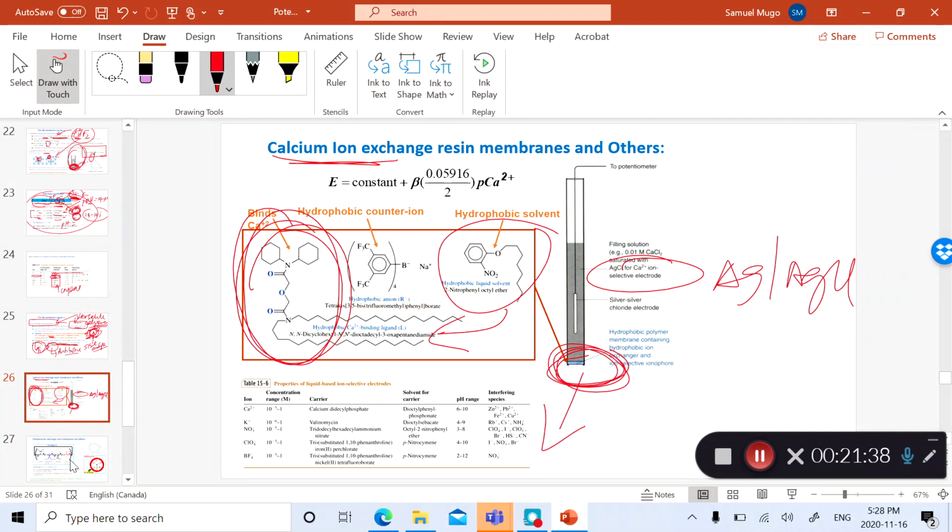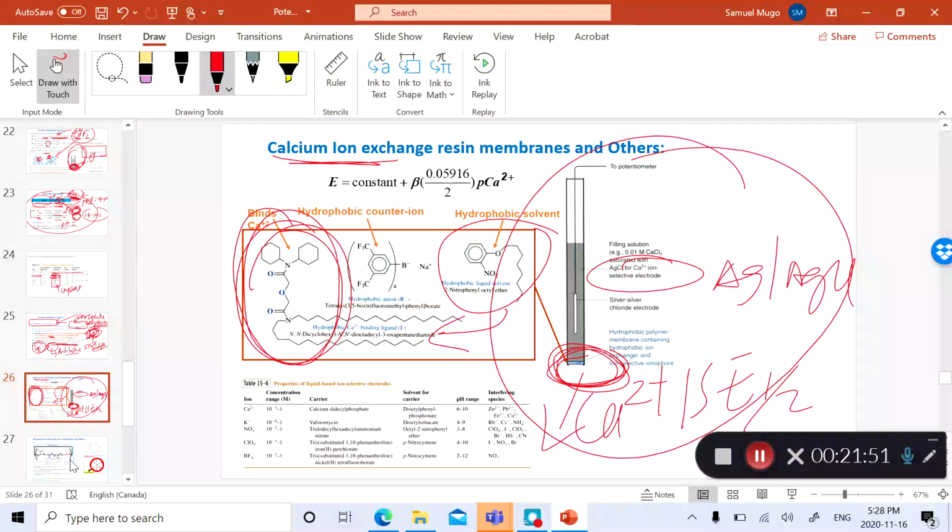And the other half cell would be this, which is a calcium ion selective electrode, I would say half cell. And you can see in that case, you've already made a sensor just by changing the membrane here. So you can see how versatile it is. You just need to change the membrane and you have a different type of sensor.